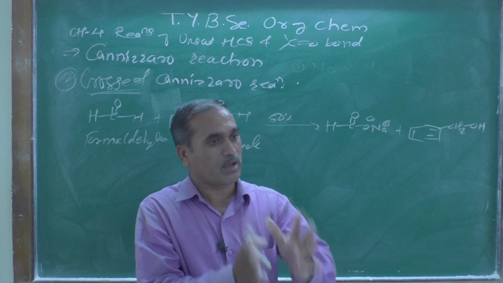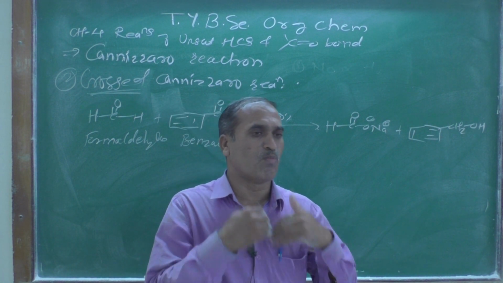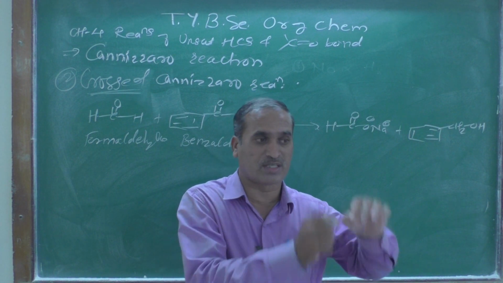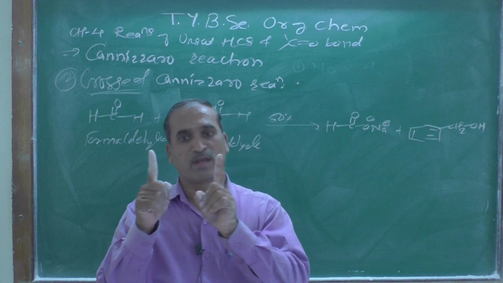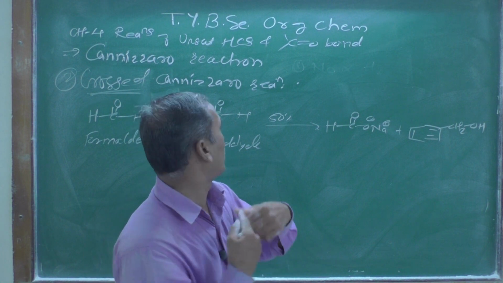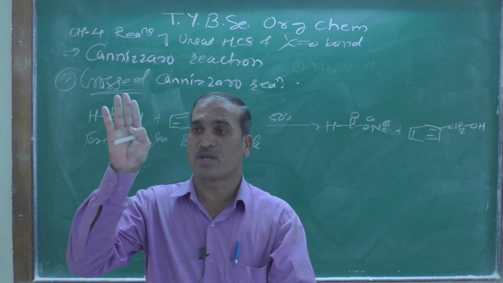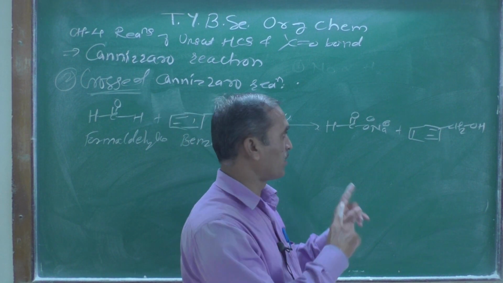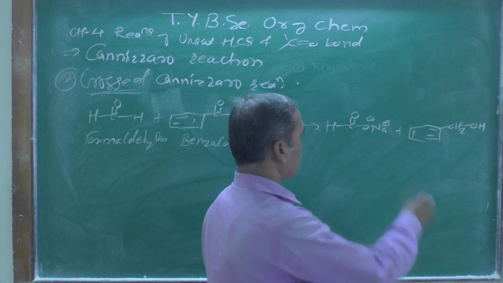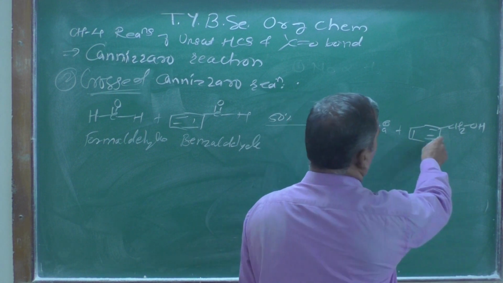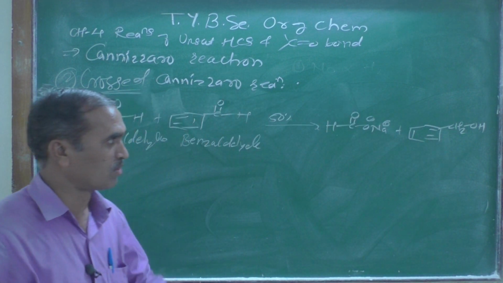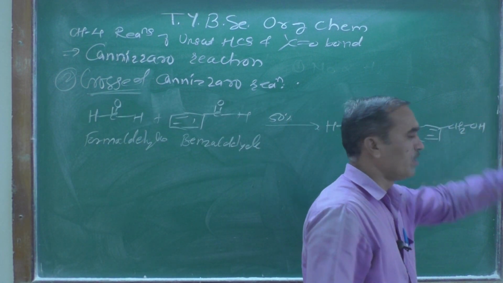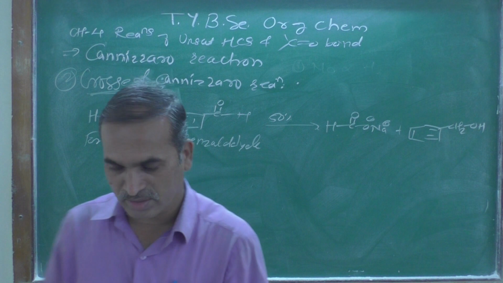Here the formaldehyde is most oxidizable, and therefore it first undergoes the oxidized form, and benzaldehyde undergoes the reduced form. This is the important point you should remember while predicting the product. This one is sodium formate and this one is benzyl alcohol, as we know. The IUPAC name of this compound is phenyl methanol, you can call it.